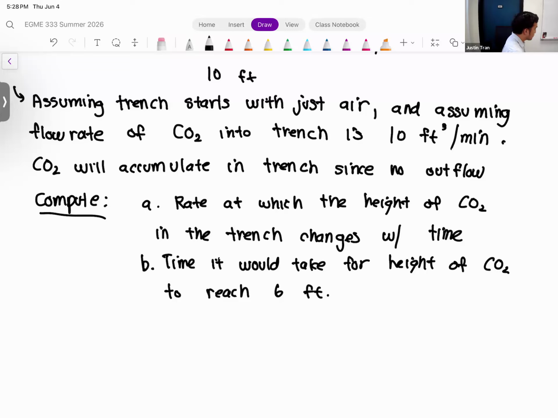All right, so this is another kind of straightforward application of Reynolds transport theorem. So let's go ahead and get started with that.